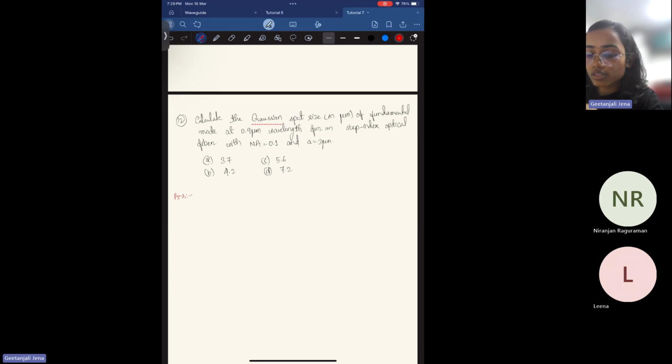For an ideal fiber, these modes will have the same propagation constant. But whenever you introduce a bend in the fiber, this degeneracy will get lifted. In that case, you can't treat each mode as the same mode. You have to treat it differently.